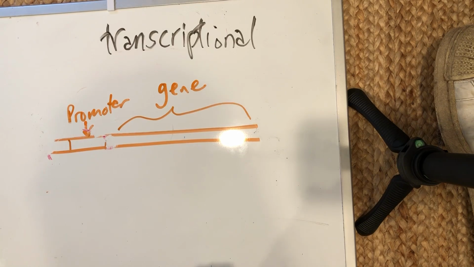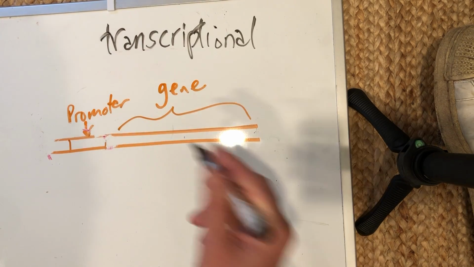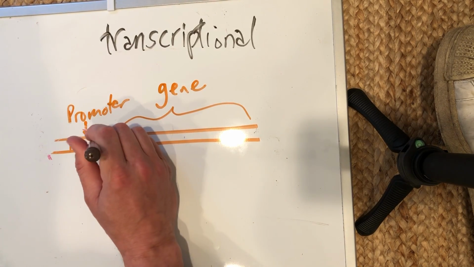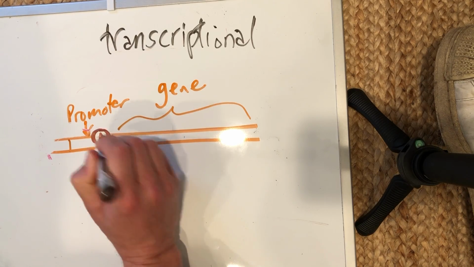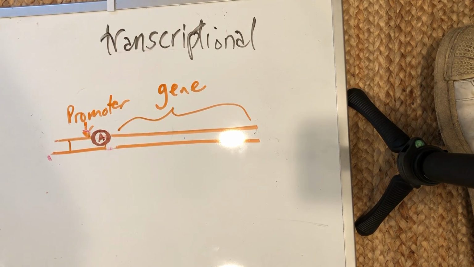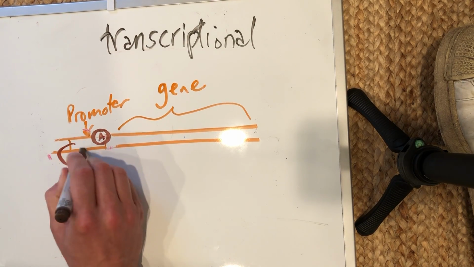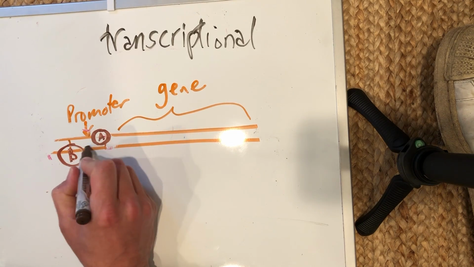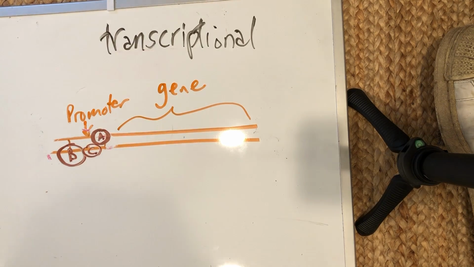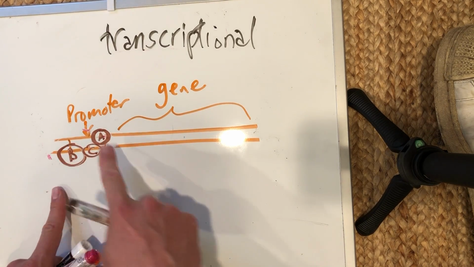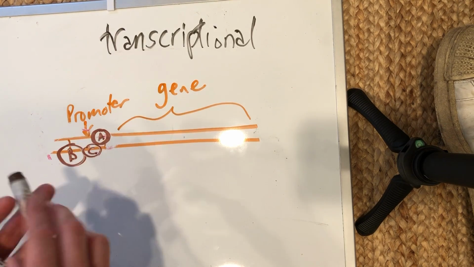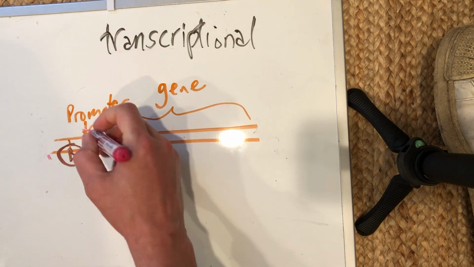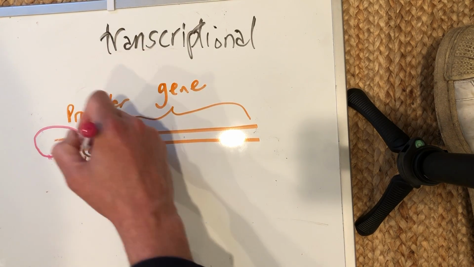So it might look something like this. Maybe there's transcription factor A, and transcription factor B, and transcription factor C. And now this creates a shape on the gene that then RNA polymerase can come in and attach to.